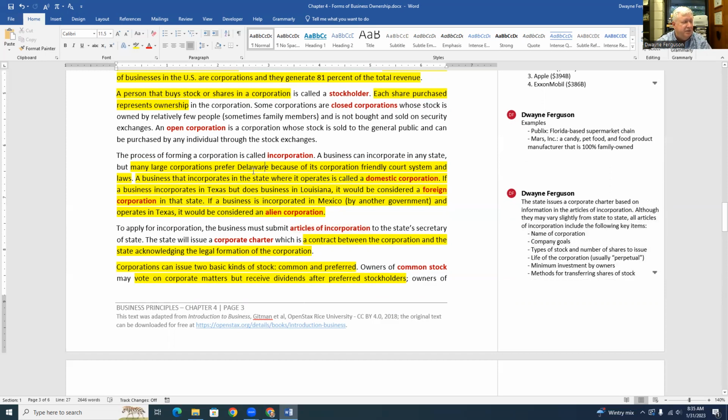Delaware is a lot of times a place where companies will incorporate, since it has such lenient tax laws, but they may actually do business in Texas, for example.